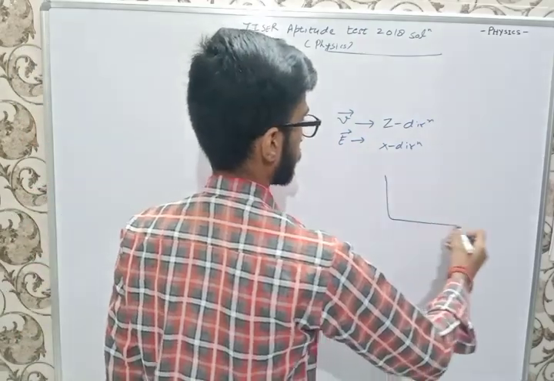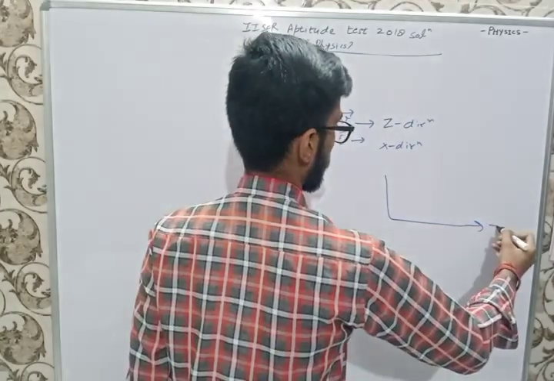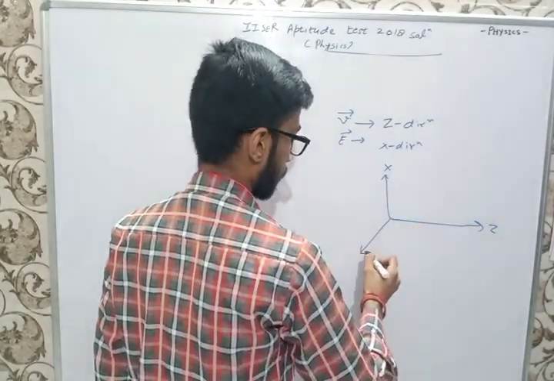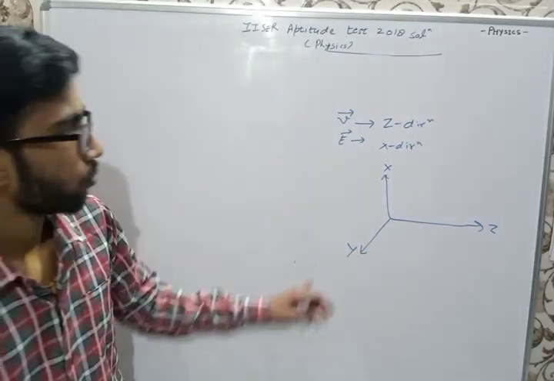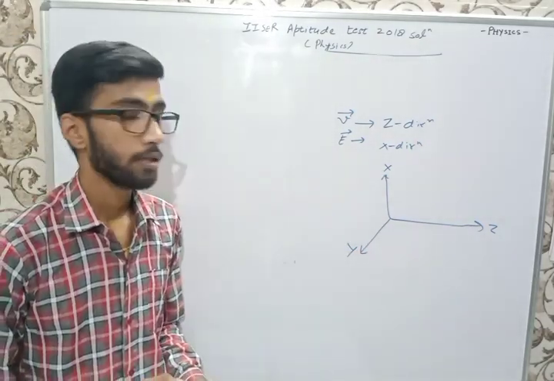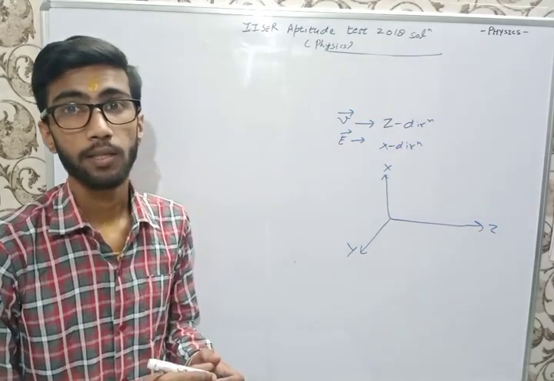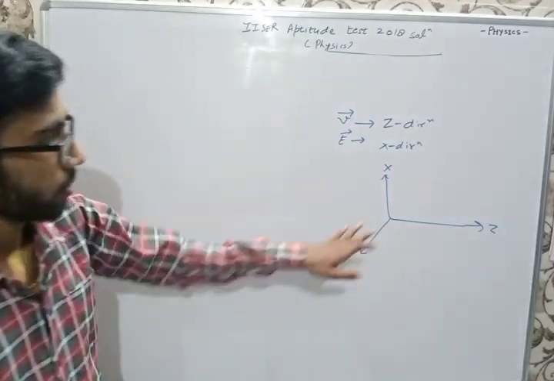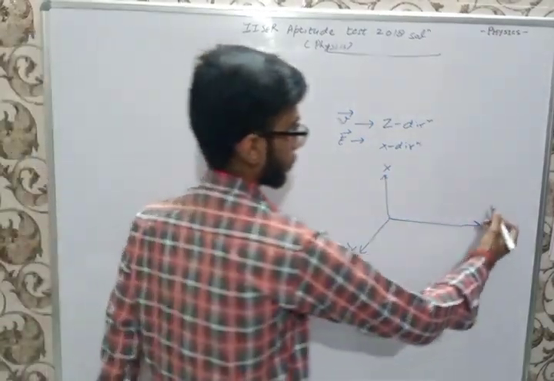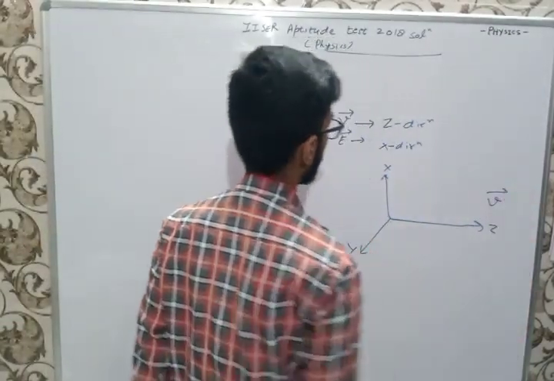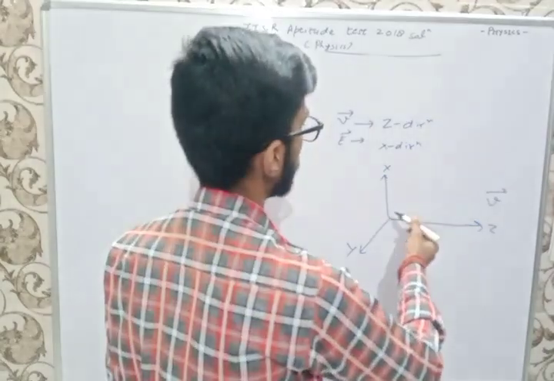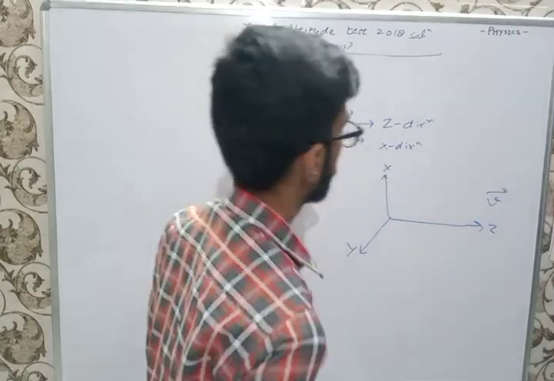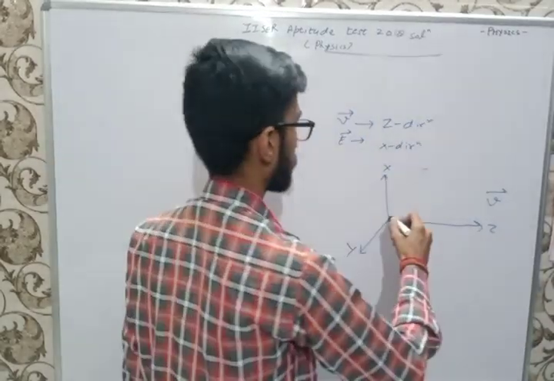So if the wave is moving like this, say z, x and y, whenever you draw a coordinate system, make sure that it agrees with the right hand rule, so that x cross y gives you z. It is the direction of propagation of the wave, v vector, and the electric field is moving in the x direction. So it is something like this.